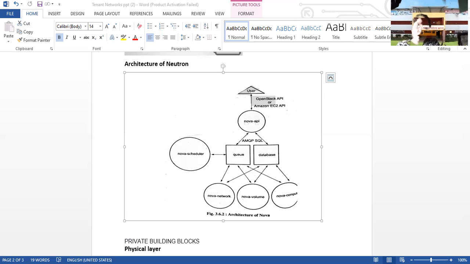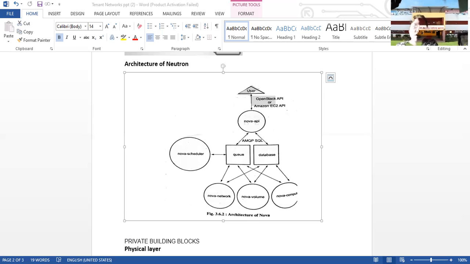Scheduler. The Nova scheduler process is conceptually the simplest piece of code in Nova. It takes a virtual machine instance request from the queue and determines where it should run, that is, which compute server host it should run on.